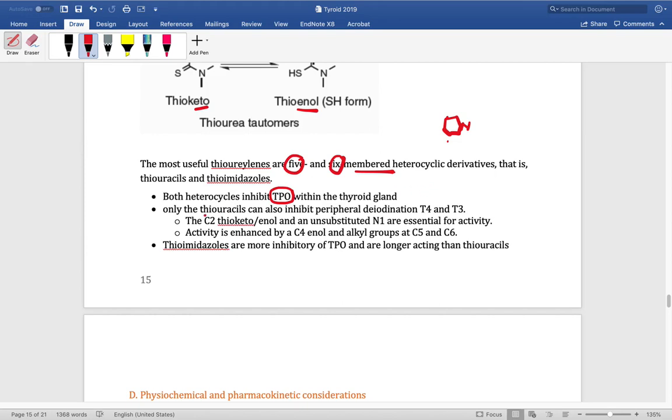Now, only the thiouracils can inhibit peripheral deiodination of T4 to T3. The C2 thioketo and the unsubstituted N1 are essential for activity. Activity is also enhanced by C4-enol and alkyl groups at C5 and C6.